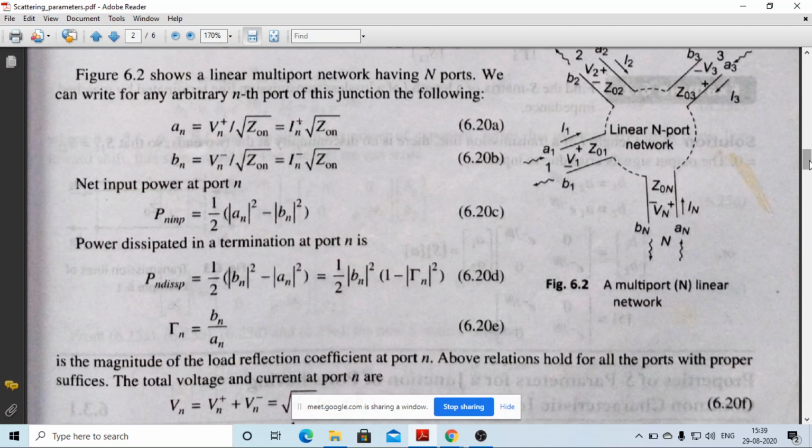There is no need to go into detailed derivation for the strip line and microstrip line.